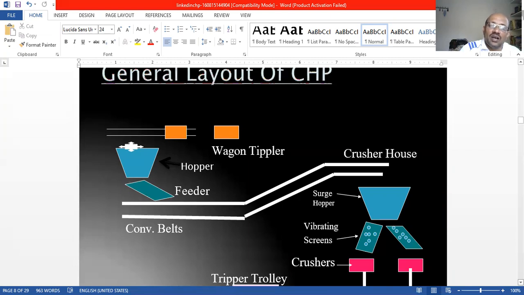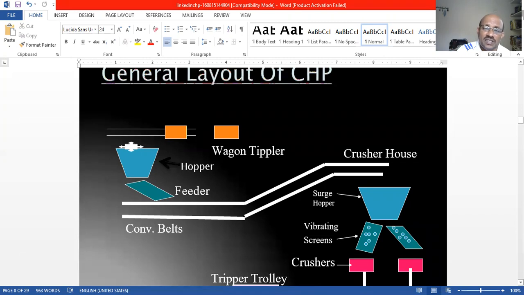In the crusher house there is a hopper, and different sizes of coal are separated by vibration, like in floor mills, where the tray vibrates. If a piece is big, it won't be allowed; if it is the right size, it is allowed.